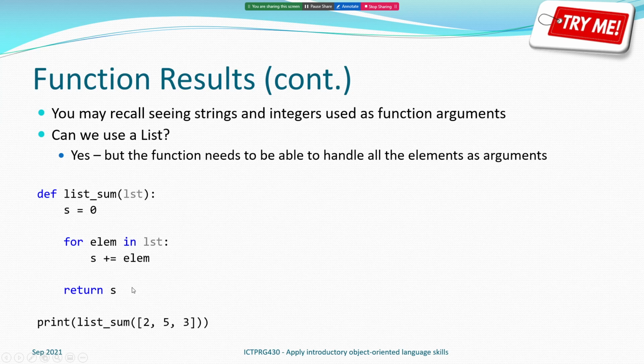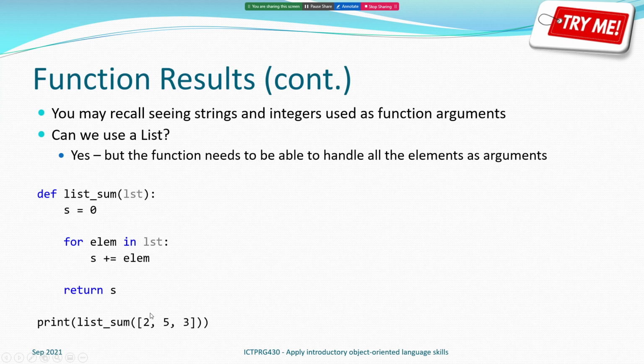S is the sum of all the values in the list. Right, okay. It's a variable. Okay, so what we're doing when we're invoking the function list sum is we're providing the argument, the list, values. And what it's doing is for each element, it's going to add it to S. So 2 to S.